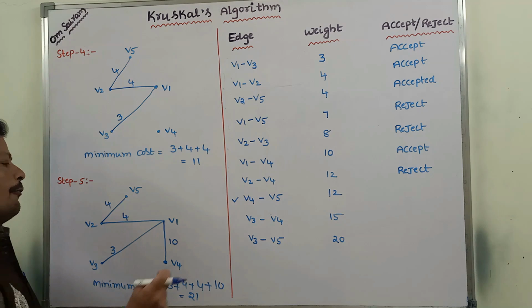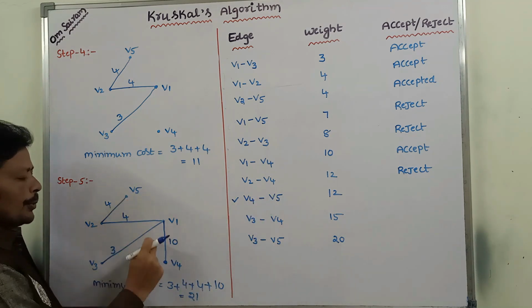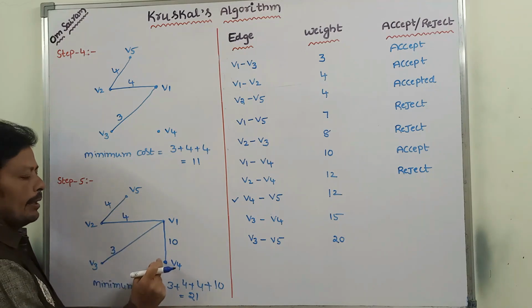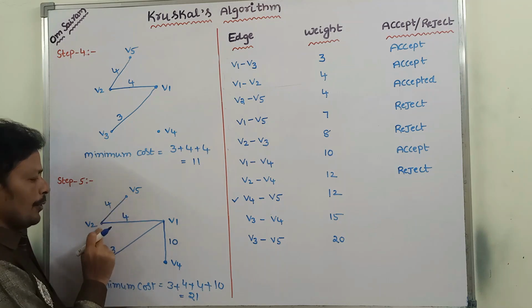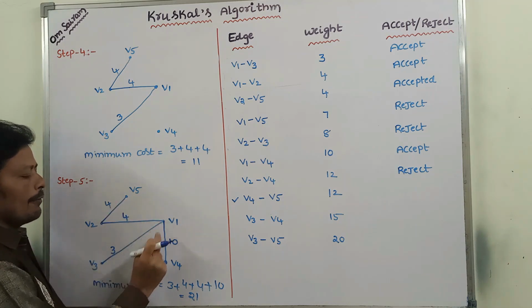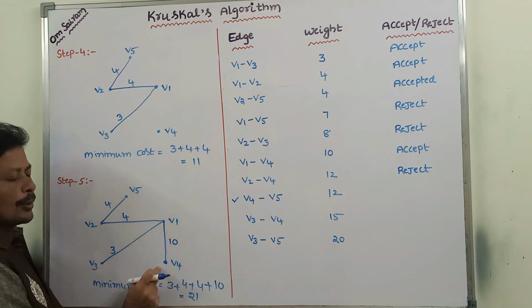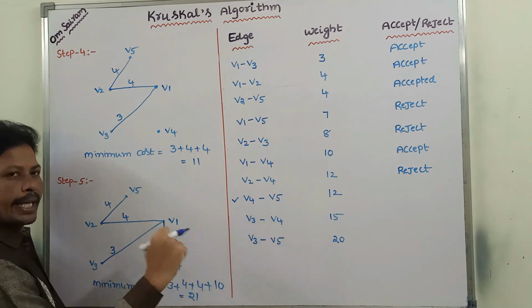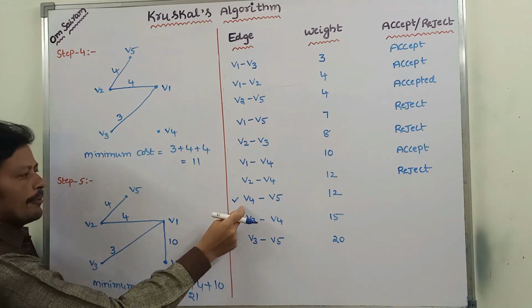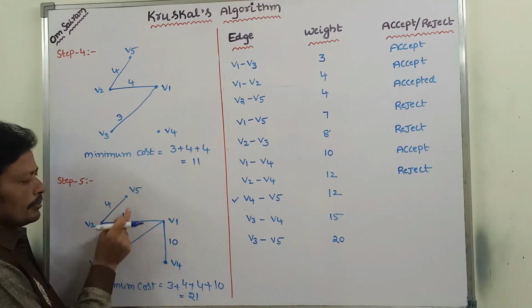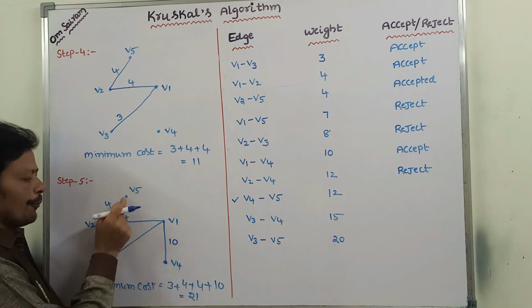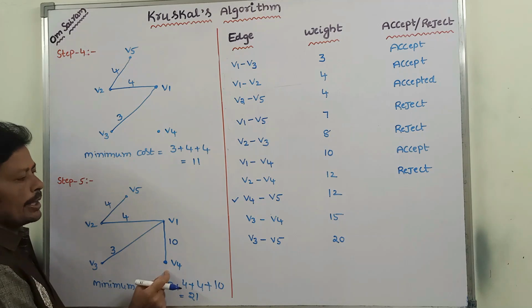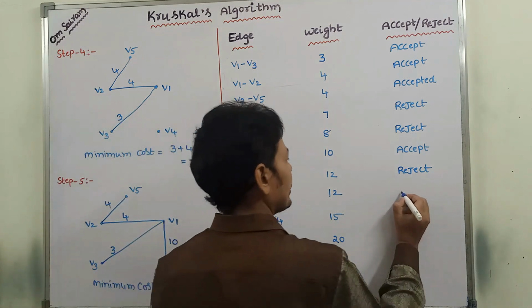After adding V4 to V5, it forms a cycle: V4 to V5, V5 to V2, V2 to V1, V1 to V4. So we have to reject that edge.